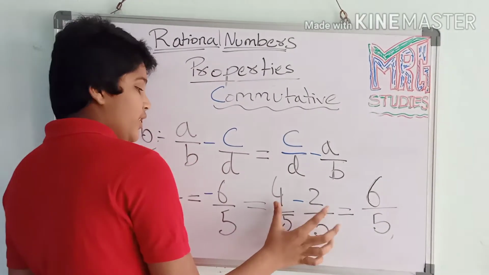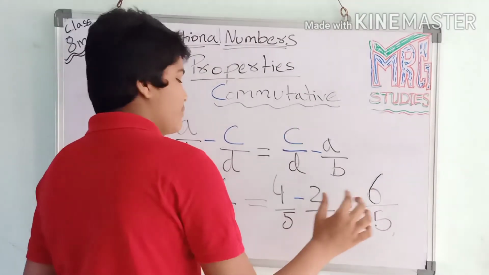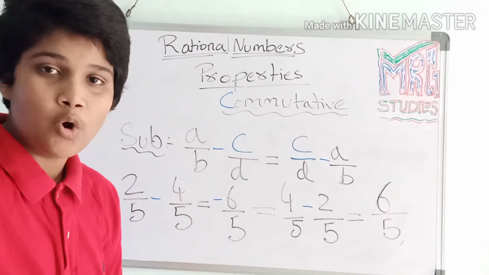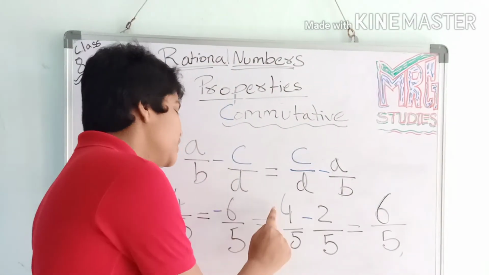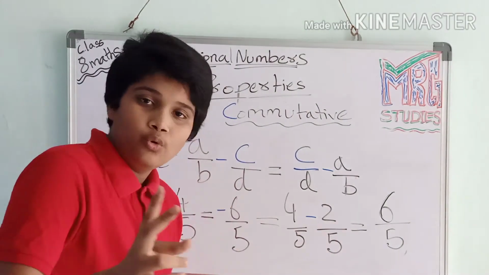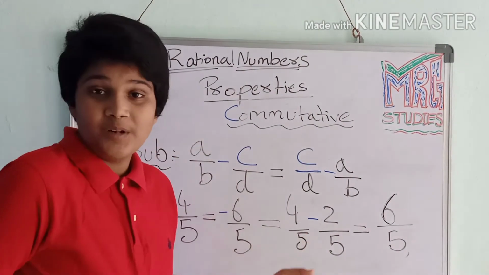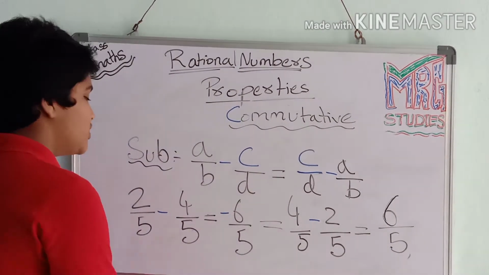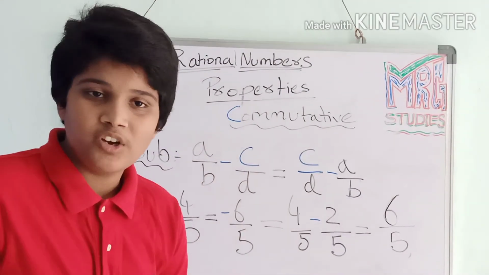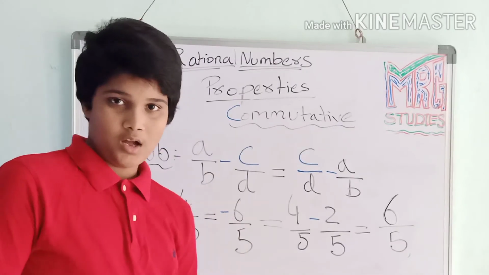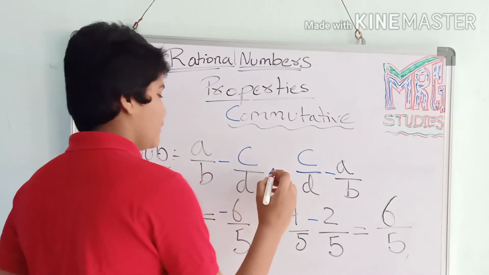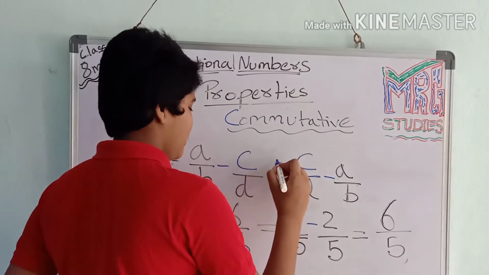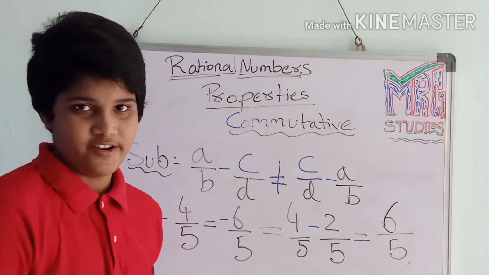We subtracted this, but I didn't keep minus because this 4 is greater than this 2, so I kept plus 6 by 5. So this is not verified for the commutative. We cannot use this formula. Sorry, this is not verified.